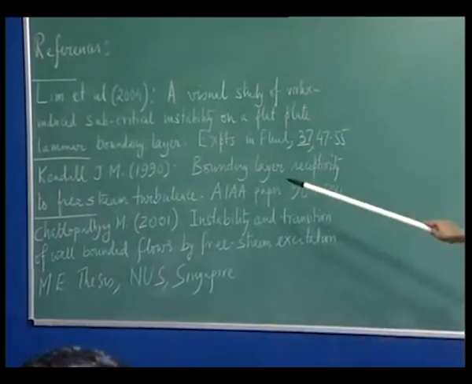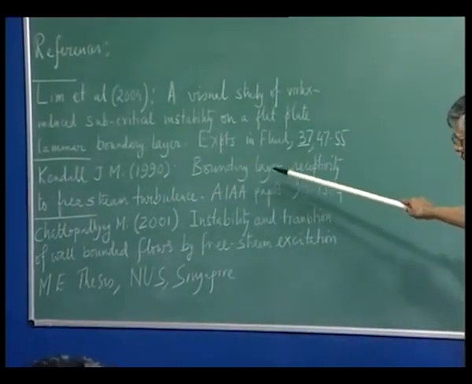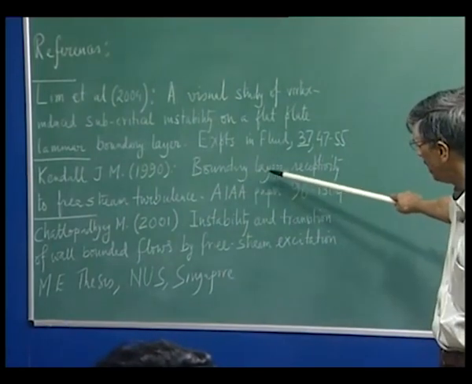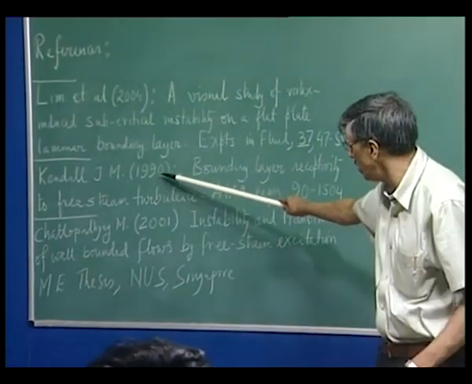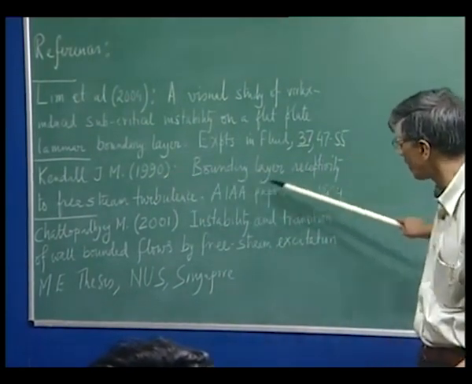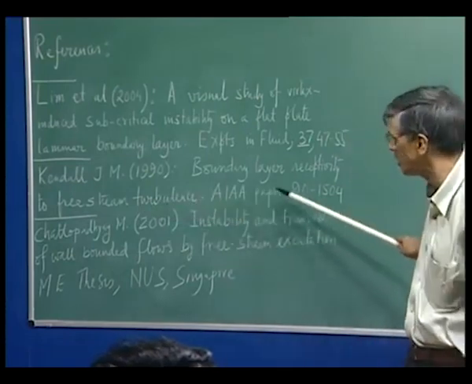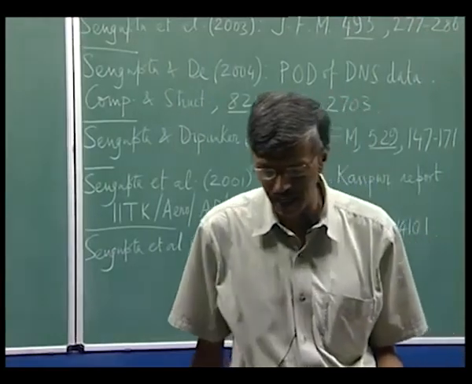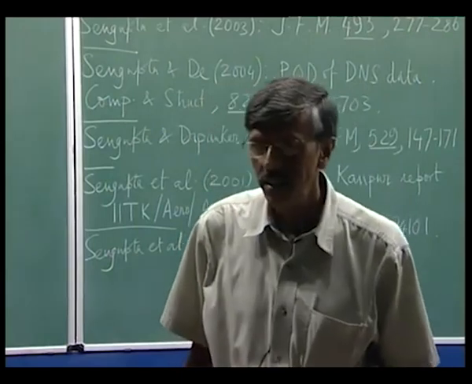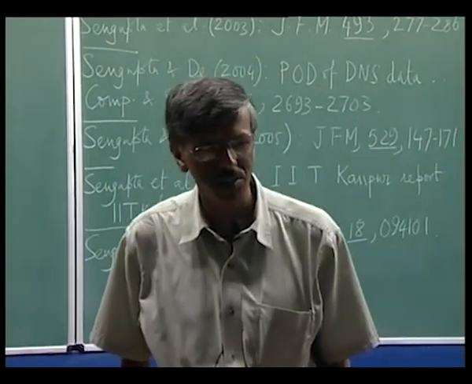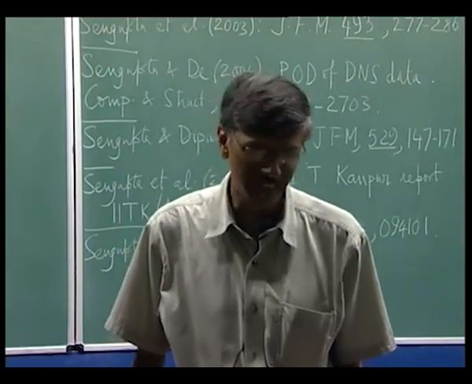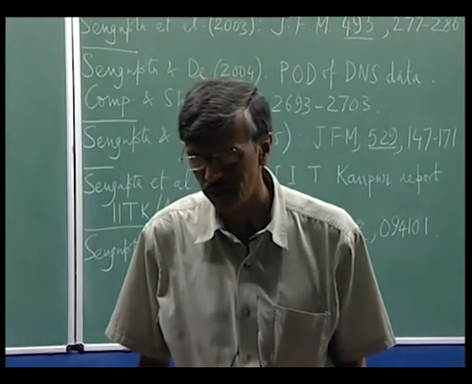Well, these are some of the other references where experiments were conducted by Jim Kendall at JPL, and he talked about boundary layer receptivity to free stream turbulence in this paper. But you see, this is what we have highlighted in the last class also. You can do an experiment, but if you cannot reproduce it time and again, then it becomes very, very difficult.